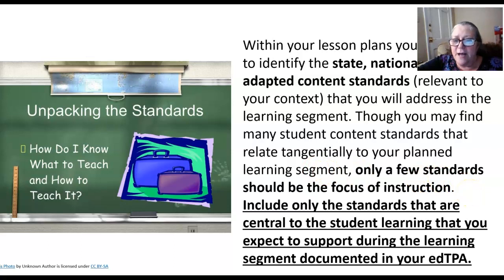Use only the standards that are central to the student learning, that you expect to support and document in your edTPA. So if it's prior skills and knowledge, that's of course going to be part of your lesson or your learning segment if you need it, but it's not the standard that you're focusing on.